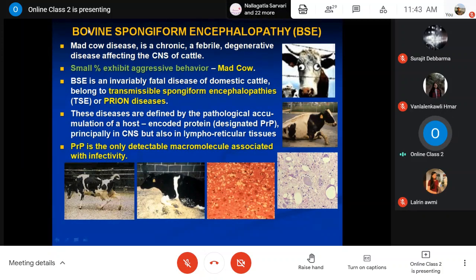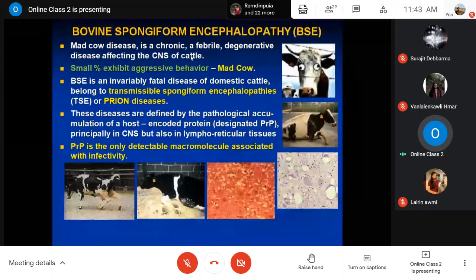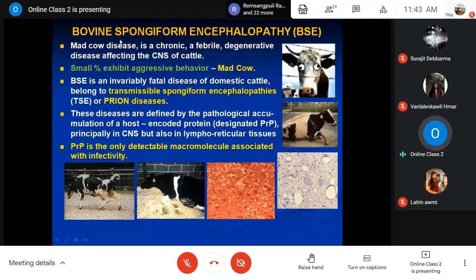That is why it is called spongiform encephalopathy, affecting the brain. When you examine the affected brain grossly, it is spongiform in nature. So it is called bovine spongiform encephalopathy in cattle, and feline spongiform encephalopathy in cats, like that.